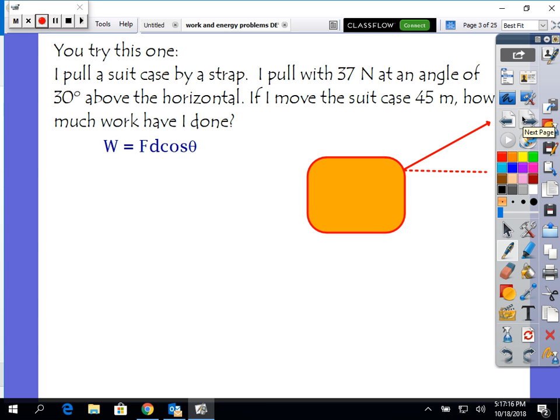Here's another one that's kind of similar. I pull a suitcase by a strap. I pull with 37 newtons at an angle 30 degrees above the horizontal. If I move the suitcase 45 meters, how much work have I done? So this angle is 30 degrees. This force is 37 newtons.